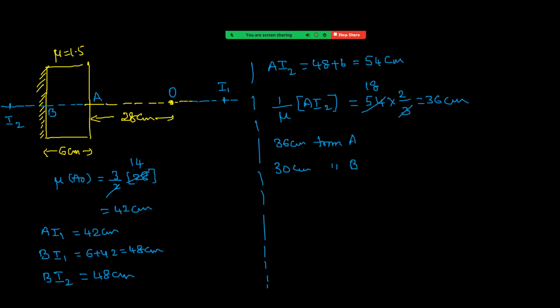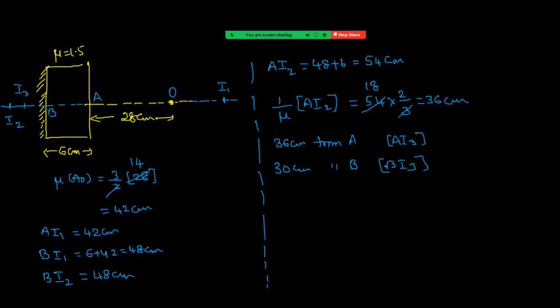So I1 is because of refraction, I2 because of reflection. Next, finally I3. It is somewhere here, I3. This is AI3 and this is now BI3.